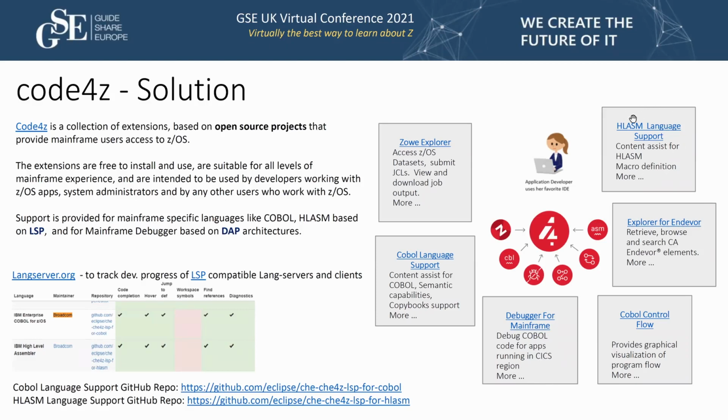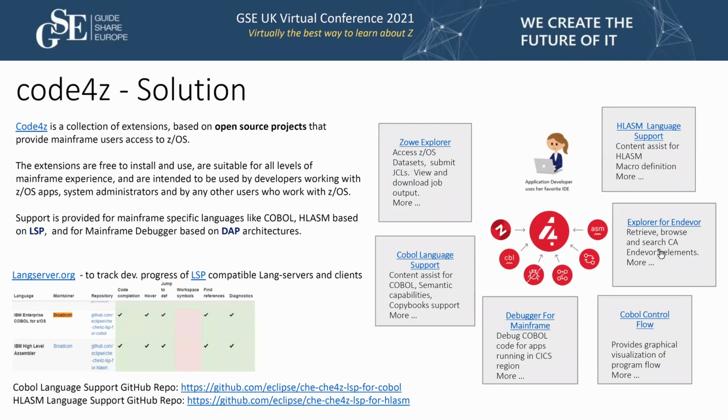And for the developers who want to code in assembler, there is another extension exactly providing the language smartness features for this language. And this is the alternative tool, which is mostly like Git or SVN.